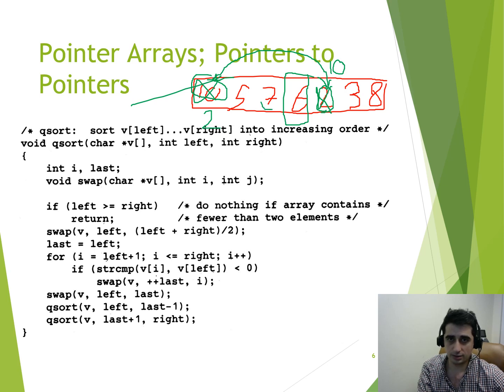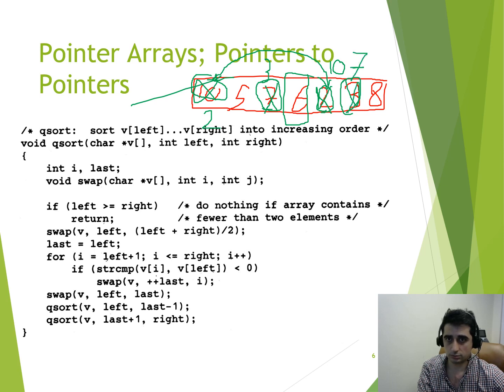Also 7 is greater than 6, but it's in the left side. 3 is less than 6, but it's in the right side. So we're going to swap 7 and 3. After doing this swap, 3 comes here and 7 comes here.